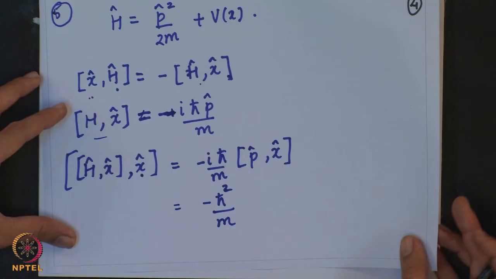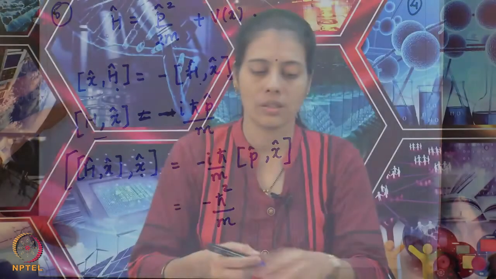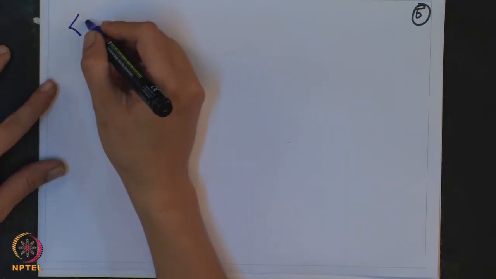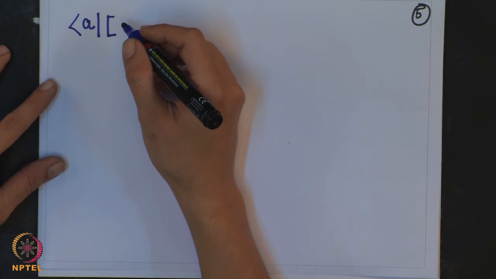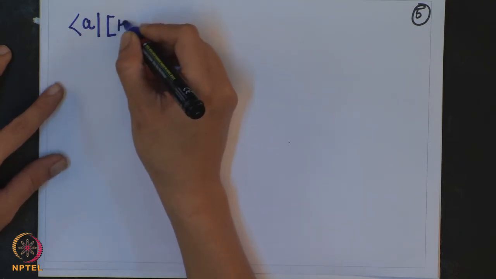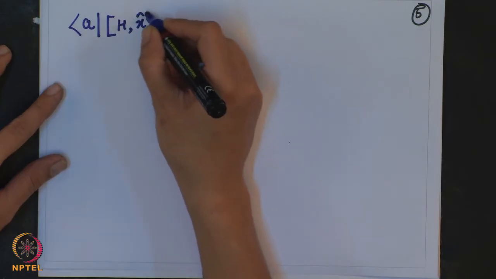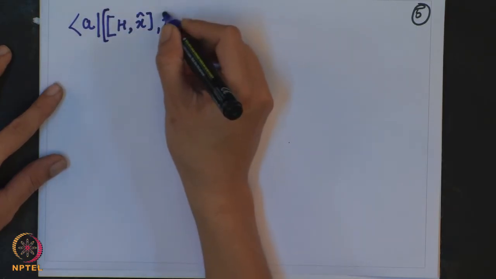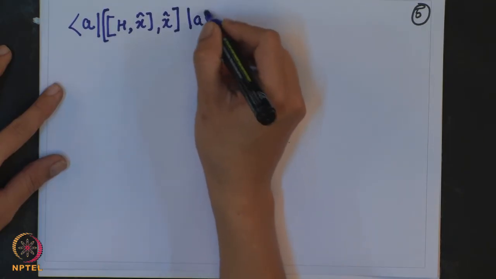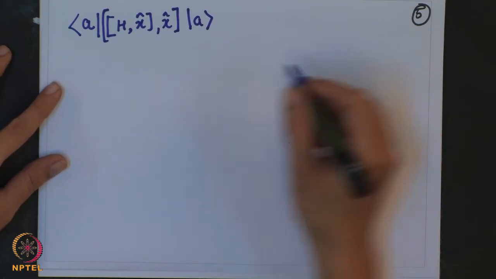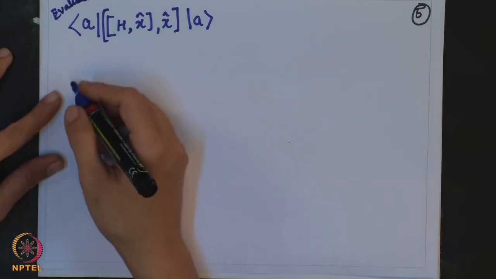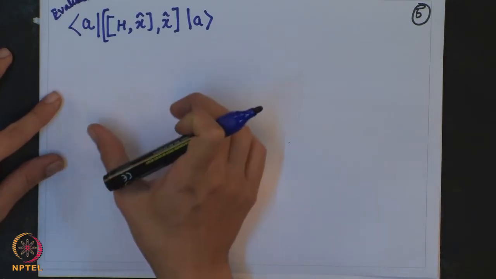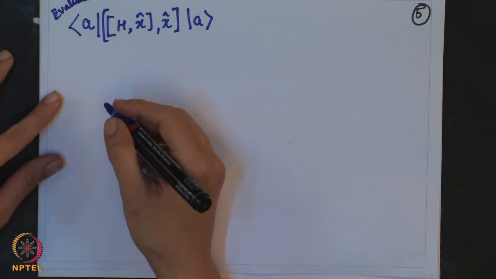Now, you have to go a step further, in which I will now evaluate the eigenstate |a>. I will place this commutator which I evaluated now between these eigenkets. So, this we have to evaluate. Okay. So, before evaluating this quantity, let us do some simplification.